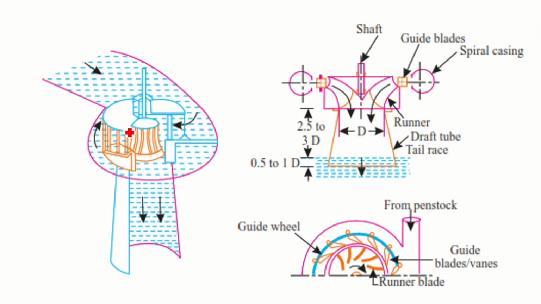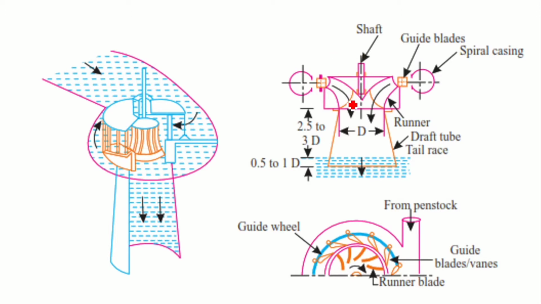These are the guide vanes and these are the runner blades. Runner blades are fitted to a wheel which will rotate. The guide vanes will not rotate. They only guide the water to the runner blades.